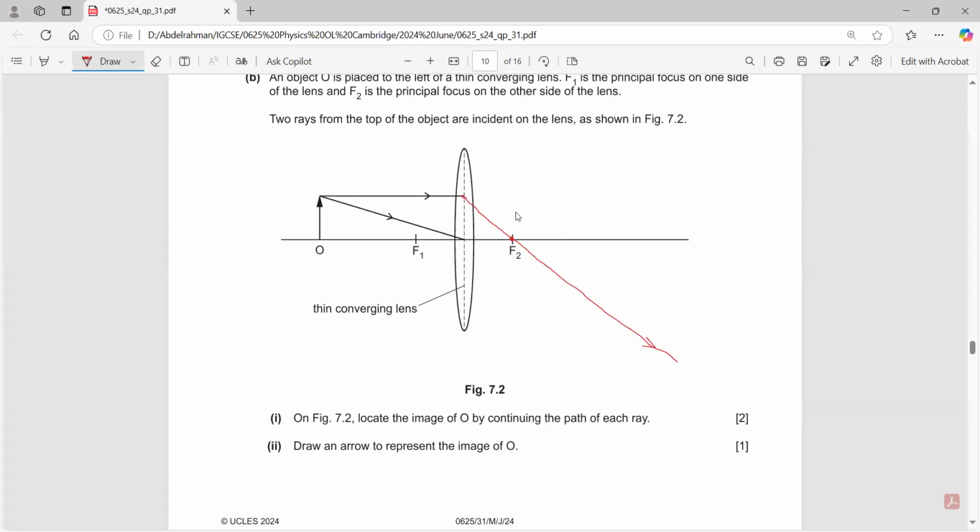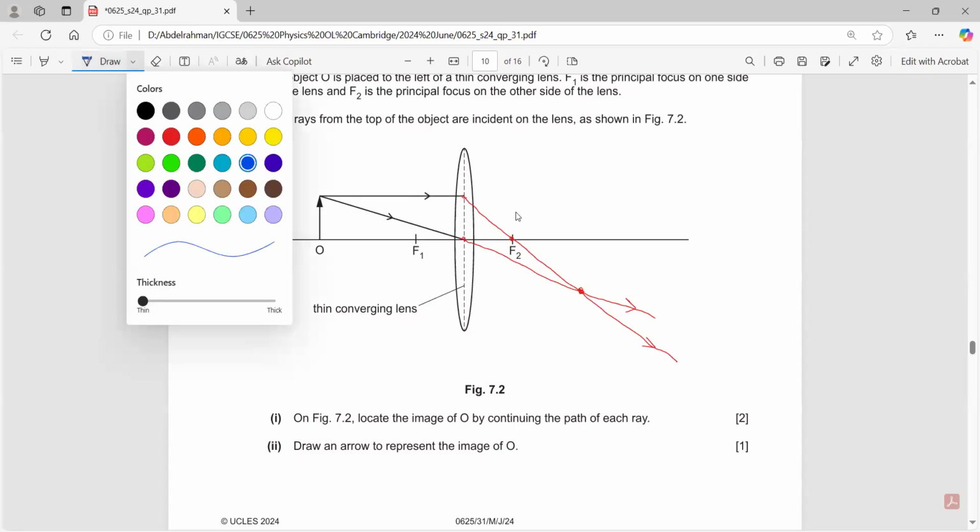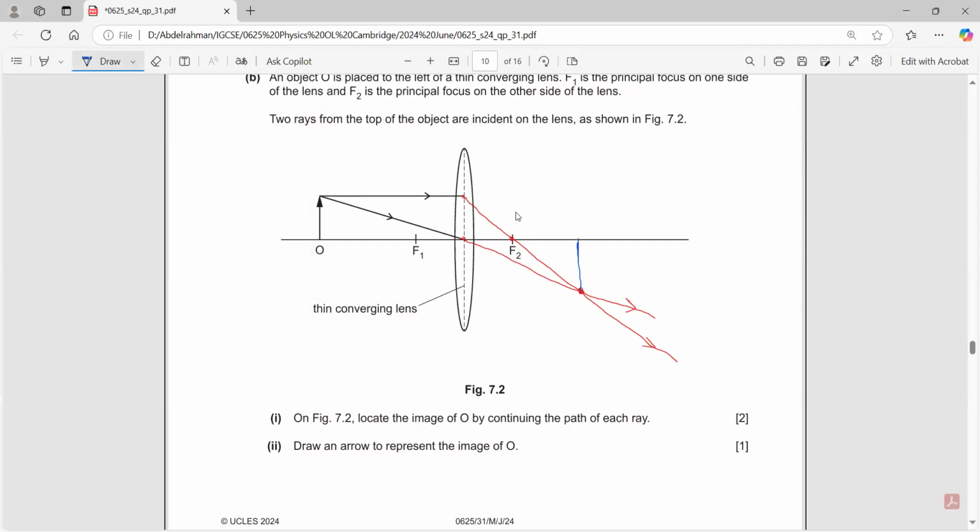And then the second line, which is passing through the center, what will happen to this line? Will it refract? No, it will not. It will continue in a straight line and intersect with the first line at this point. To find the image, you have to draw an arrow starting from the principal axis and reaching the point of intersection.